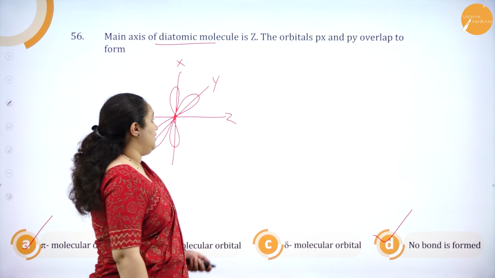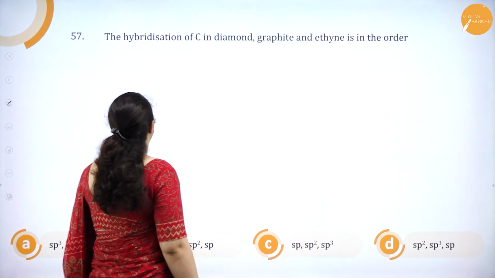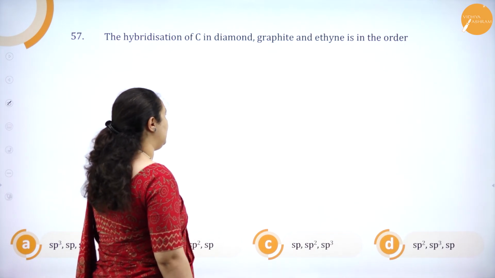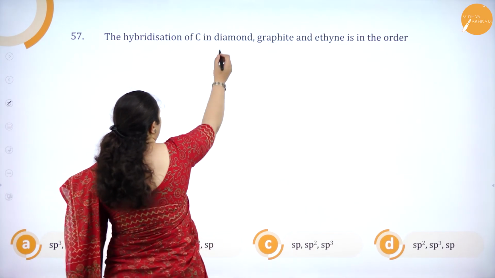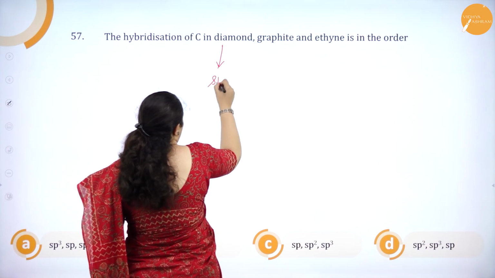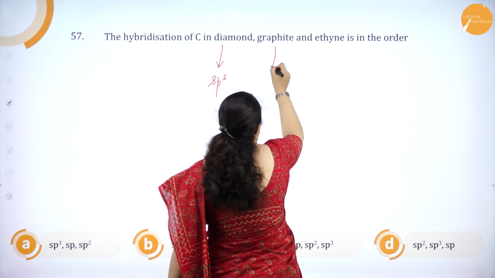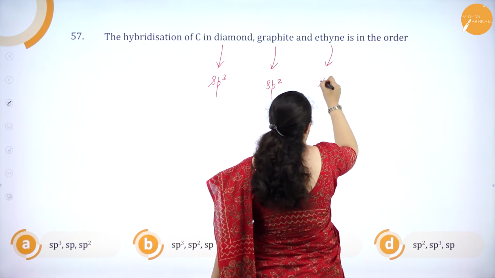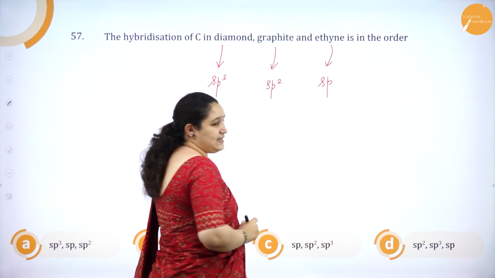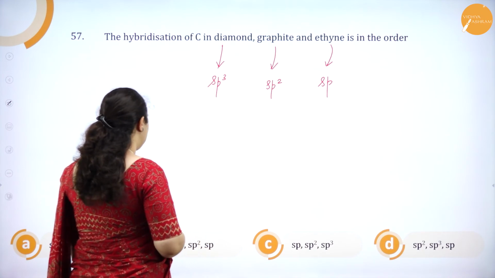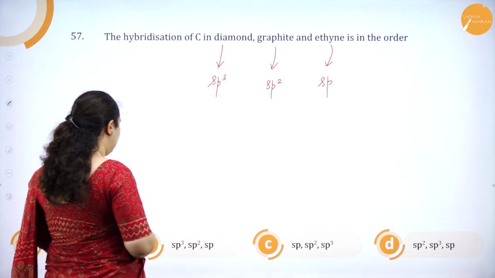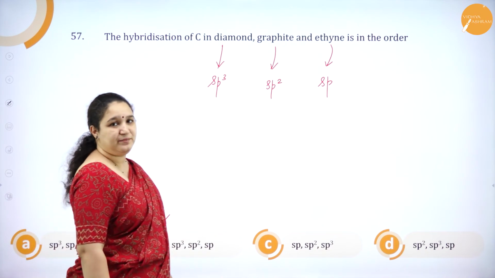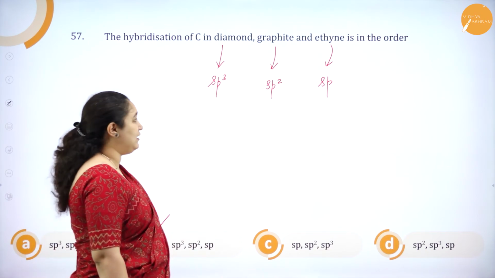Okay. Next question. The hybridization of carbon in diamond, graphite and ethine is in the order. Diamond, we know it is sp3 hybridized, graphite carbon is sp2 hybridized, and ethine has a triple bond, so it is sp hybridized. So sp3, sp2, sp, it is option B. I hope you have understood this.